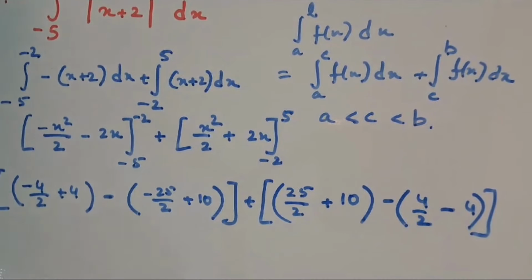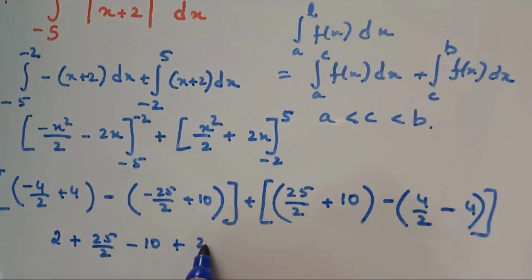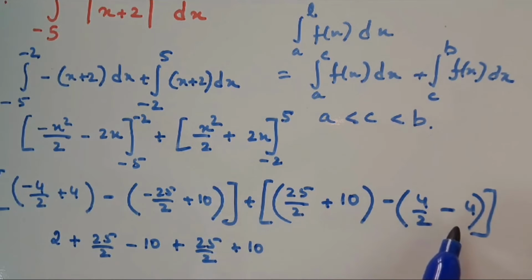Now I am evaluating. Minus 4 by 2 is -2. -2 plus 4 is your 2. Minus of minus plus 25 by 2 minus 10 plus 25 by 2 plus 10, and 4 by 2 is 2. 2 minus 4 is -2.